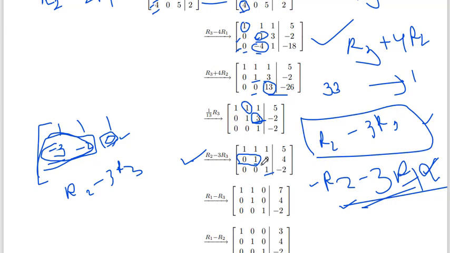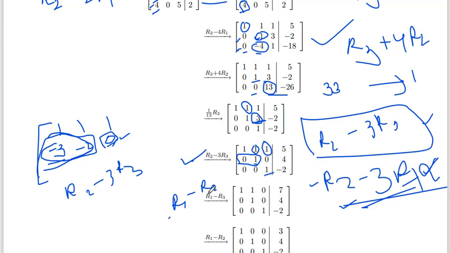Okay, so this becomes 0. Now we want to make this 0. So how do we make this 0? R1 minus R3. Here you can also apply R1 minus R2.